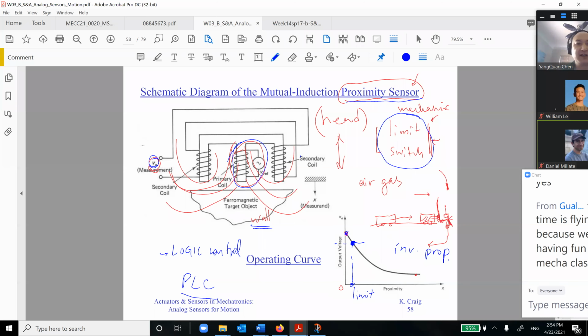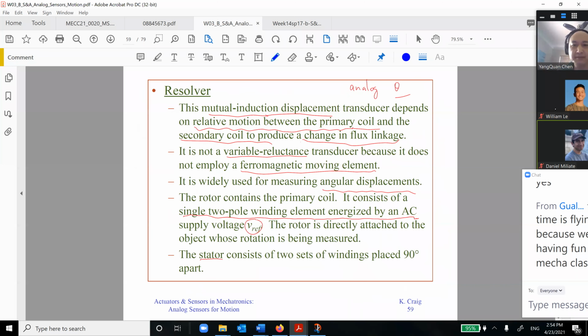So here is a proximity sensor principle. It's also widely used in practice in mechatronic systems. There's a resolver. A resolver is used to detect angular displacement in an analog way. Next, we are going to talk about how to measure the rotational angle using a shaft encoder.